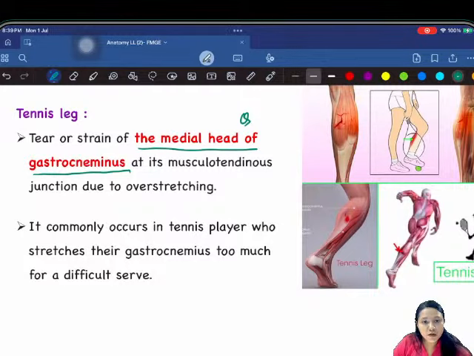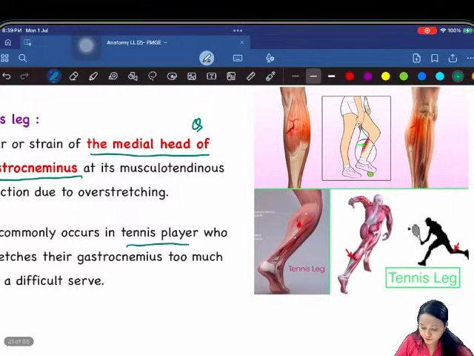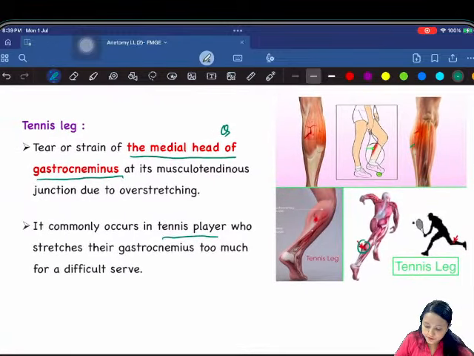If there is a tear or strain on the medial head of gastrocnemius at its musculotendinous junction due to overstretching, it may lead to a condition known as tennis leg. It commonly occurs in tennis players. They stretch their gastrocnemius too much, and that results in tennis leg. It's a painful condition. So you will mostly have it on the medial head of gastrocnemius, a tear or strain on the medial head. That is tennis leg.